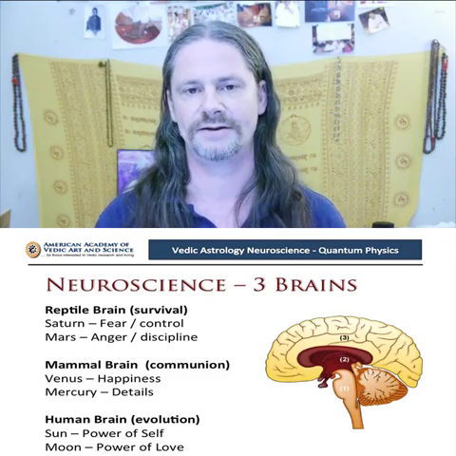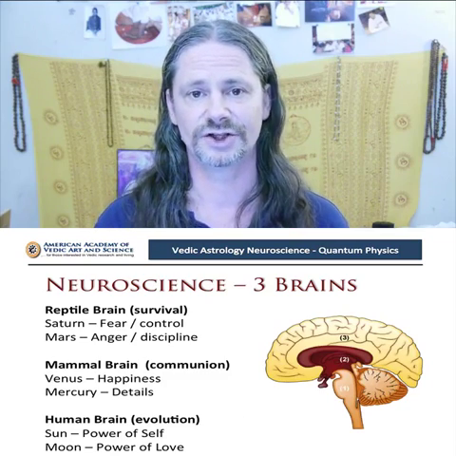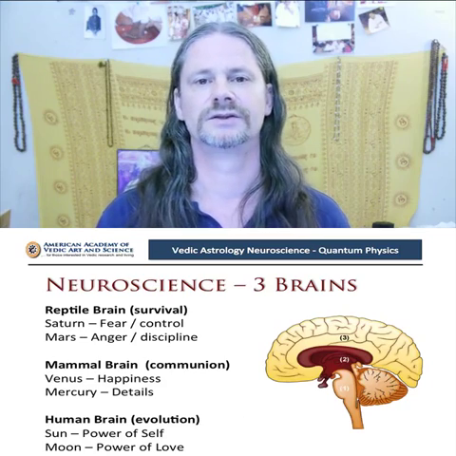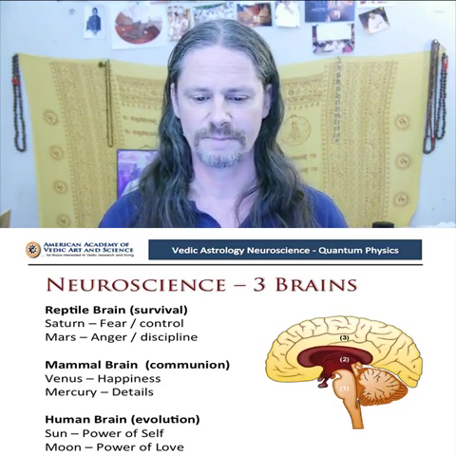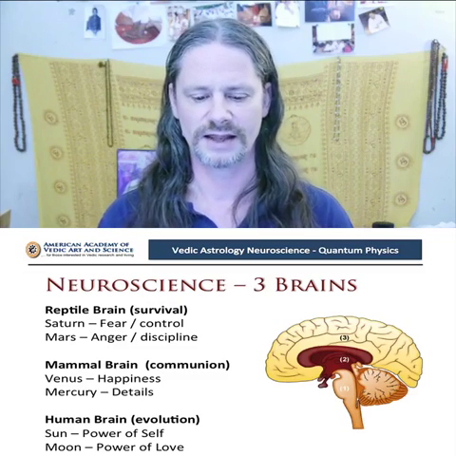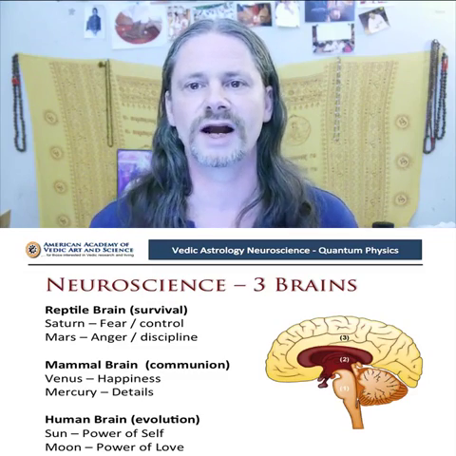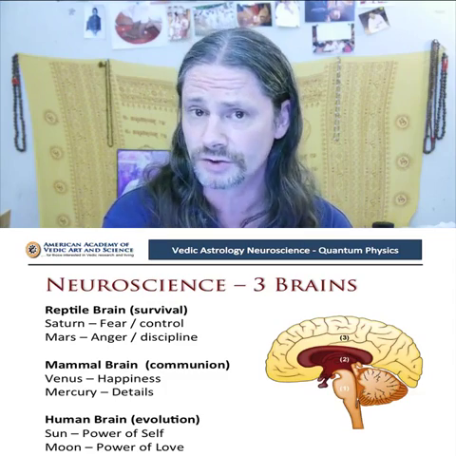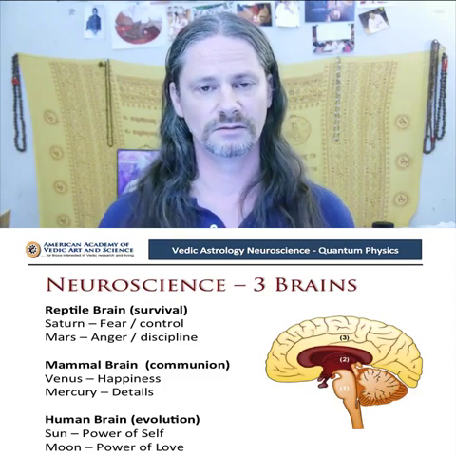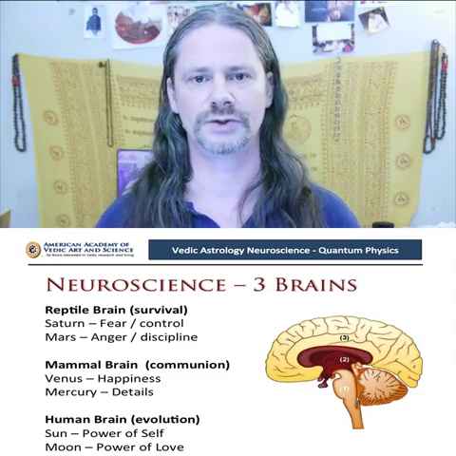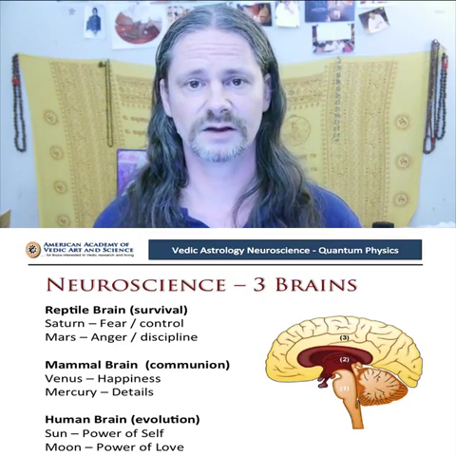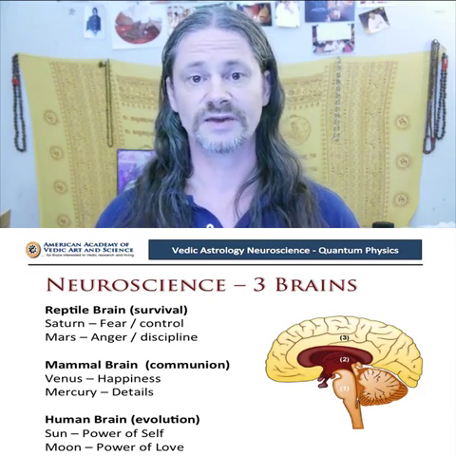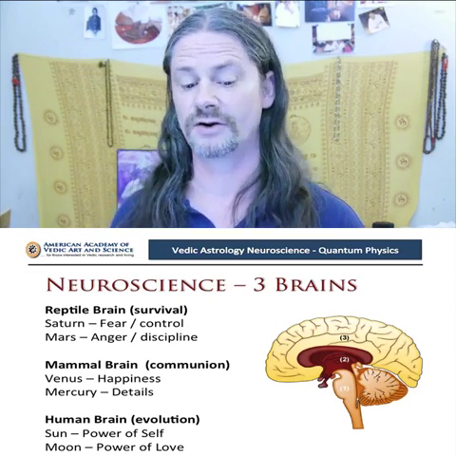So when we look at the planets and astrology through the same matrix of the reptile brain, the mammal brain and the human brain, we can directly map that over to what's called the three gunas, which are basically related to that fight or flight system in the reptile brain that has to do with Saturn and Mars.